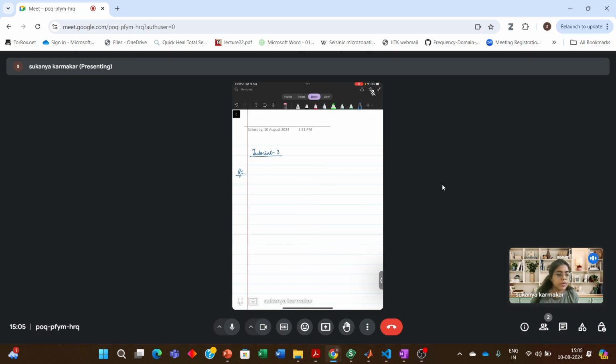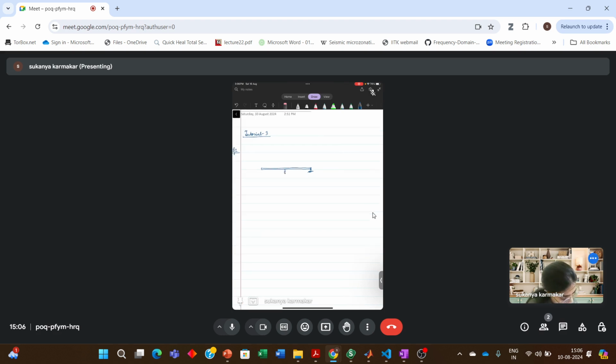So let's start with the first question. This is the system which I have. I have a wood diving board like this, and it is hinged at one end, and it is supported 1.5 meter from this end by a spring.